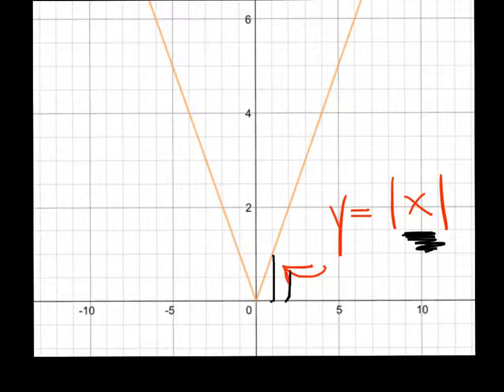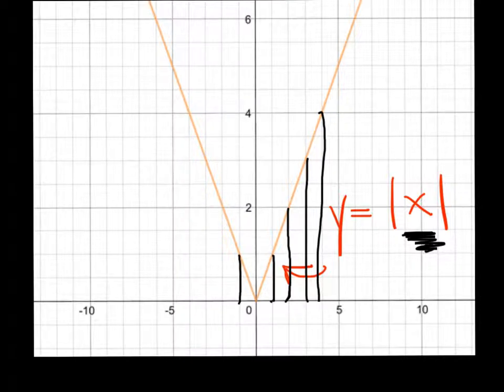If I put a 2 in, I get a 2 back. 3, 4. That's why the graph goes that direction. But if I put a negative 1 in, I will get back a positive 1. That's what the absolute value does. Put in a negative 2, get back 2. Negative 3, get back a 3. That's why it's a V shape.